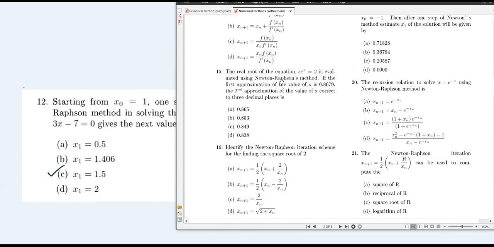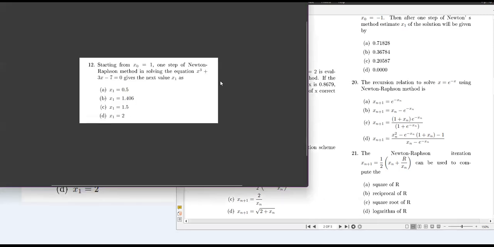So next, the real root of the equation x e power x equal to 2 is evaluated using Newton-Raphson's method. If the first approximation of the value x is 0.8679, the second approximation of the value x correct to 3 decimal places is. So we can do this.